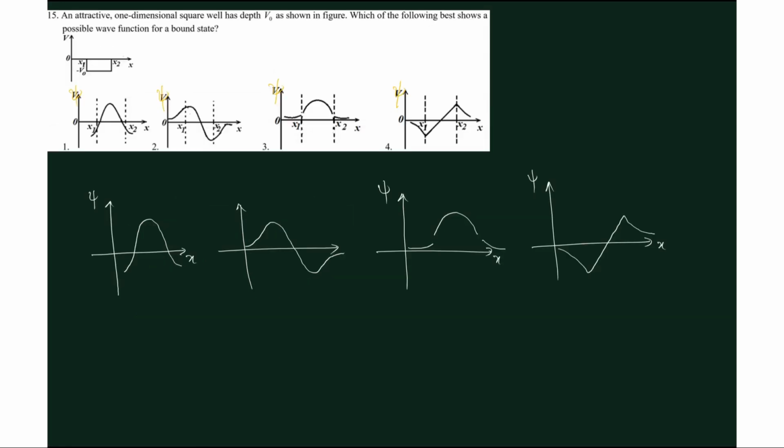Here they have given one potential and are asking which of the following is the possible wave function for a bound state. Remember, bound state means psi is tending to 0, that means converging. First identify where this converging behavior is. Here it is not tending to 0, and here it is tending to 0, here also tending to 0.